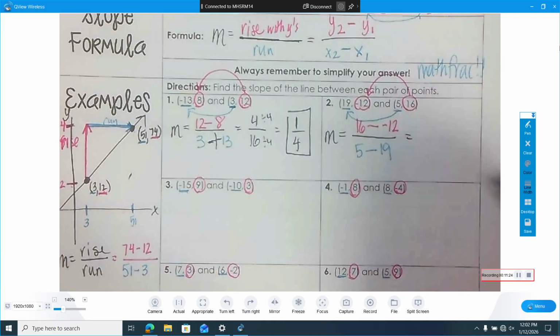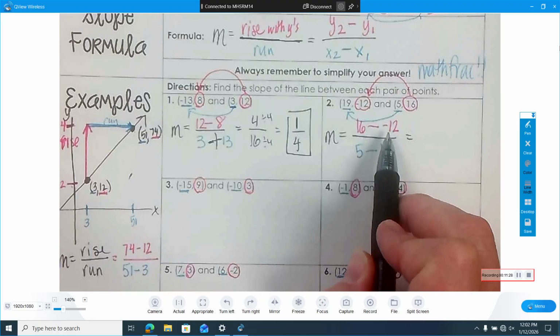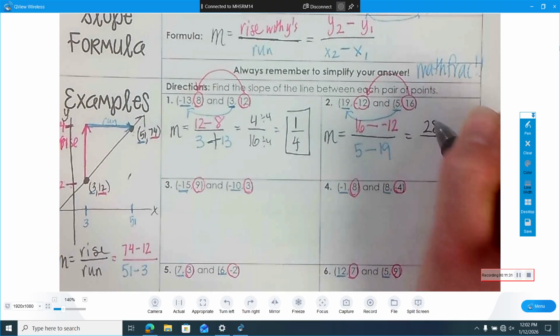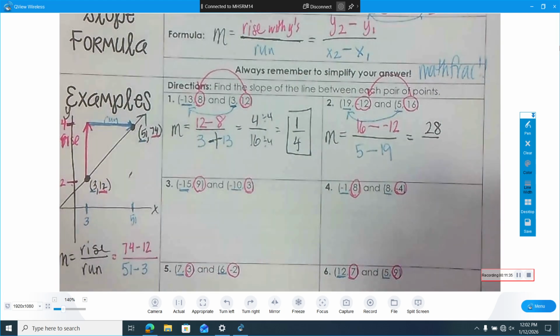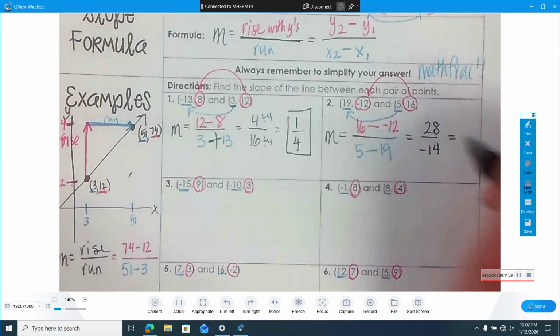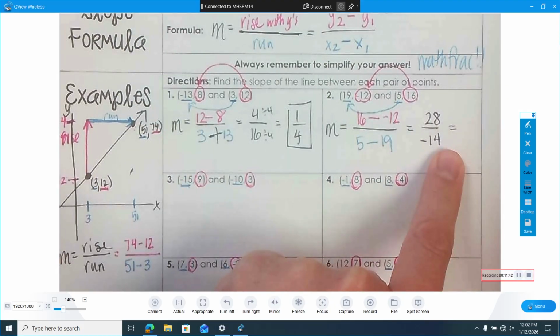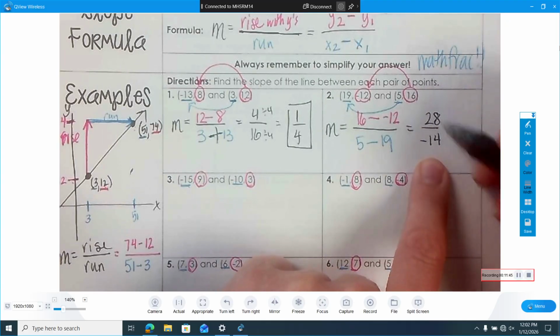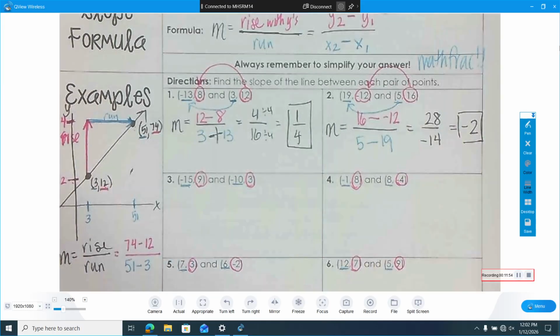Hopefully. All right. What happens with 16 minus a negative 12? You add. 16 plus 12 is 28. On the bottom 5, take away 19. Negative 14. Very good. And what is 28 divided by negative 14? Oh, 2 over 1, negative 2. 28 divided by 14, it goes in 2 times, so negative 2. Could you use a calculator? Absolutely. Okay. I'm using my brain because I have one. But if you want to double check, use your calculator.